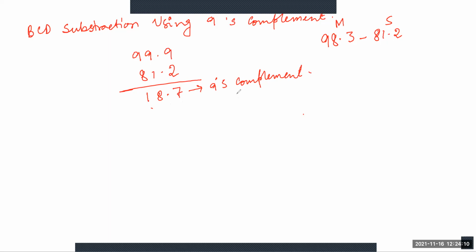First I will write 18.7 in BCD form. It is 0001 for the 1. Again, 8 means 1000. Point 7: 7 means 0111.